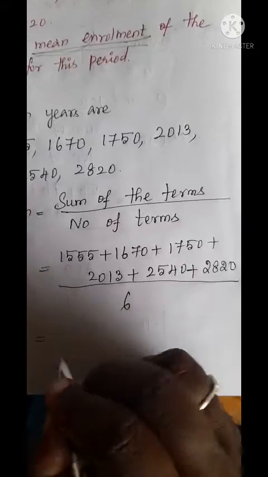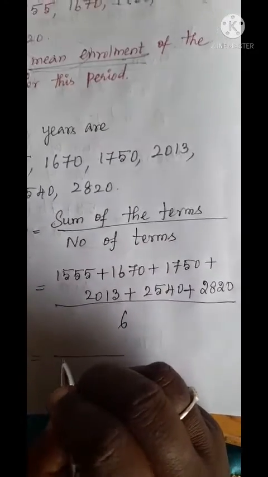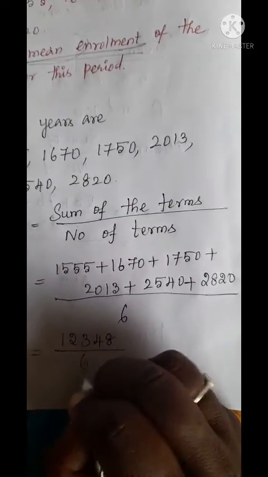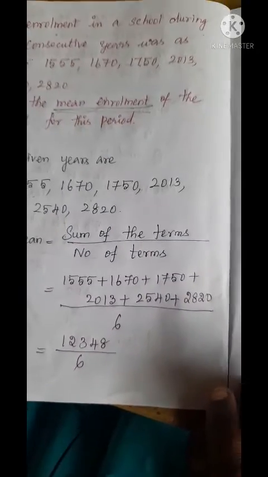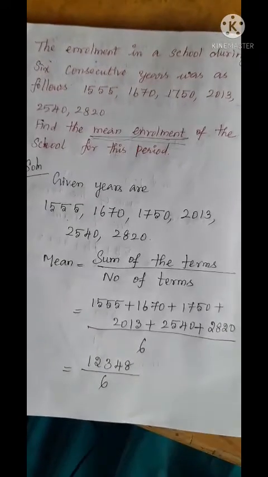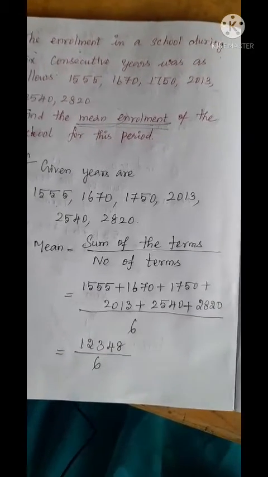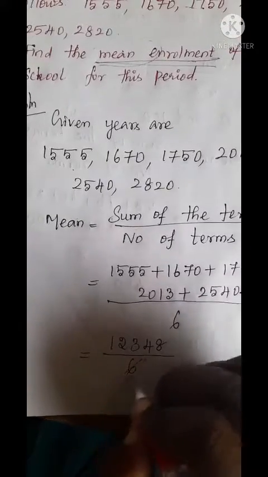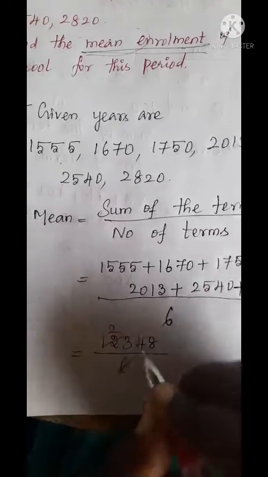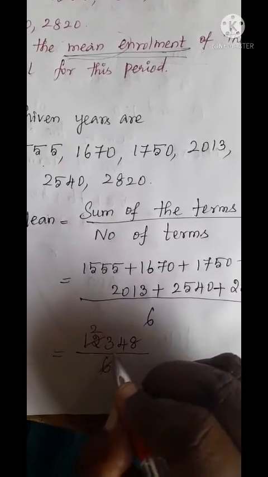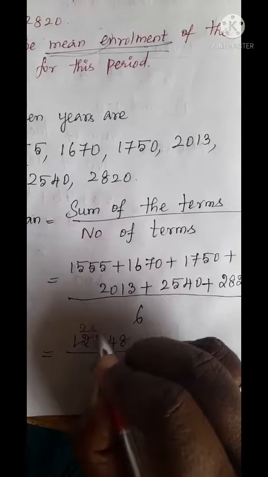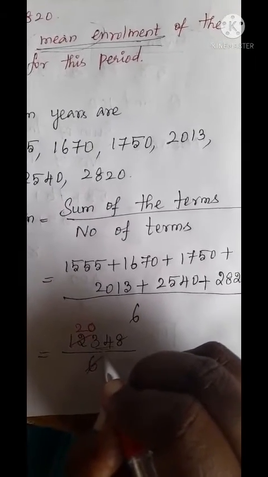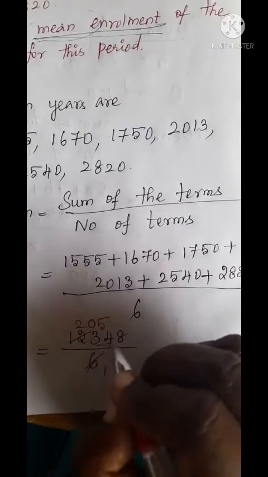If you do the addition, you will get the answer 12,348. You need to divide this by the 6th table. 1 6 is 6, 2 6 are 12. 3 is not divisible by 6, so put 0 here, then take 2 digits, 34. 5 6 are 30.